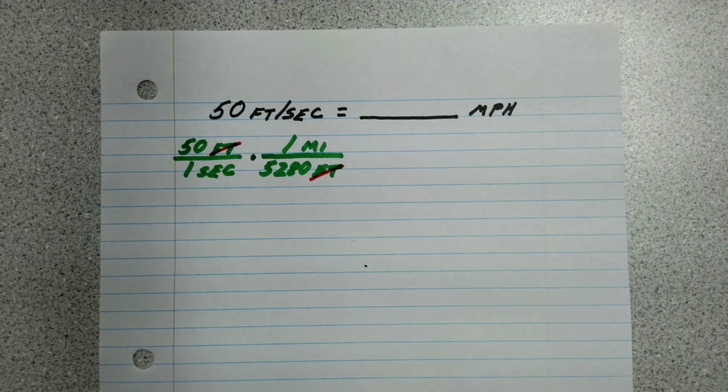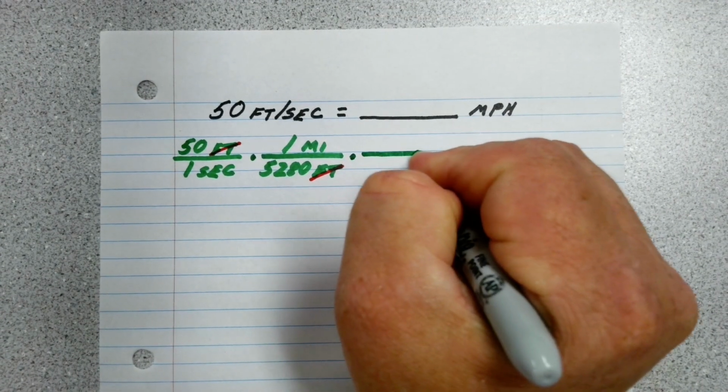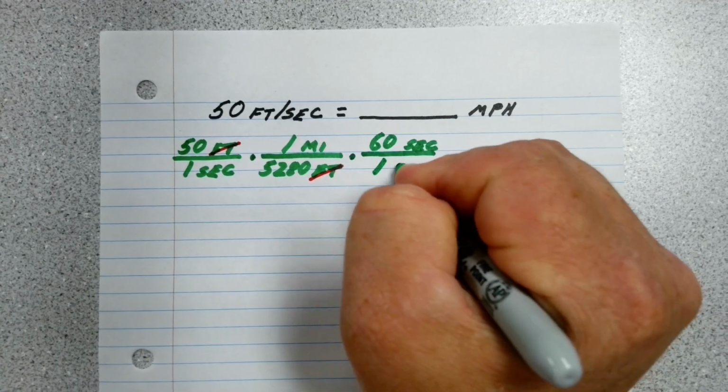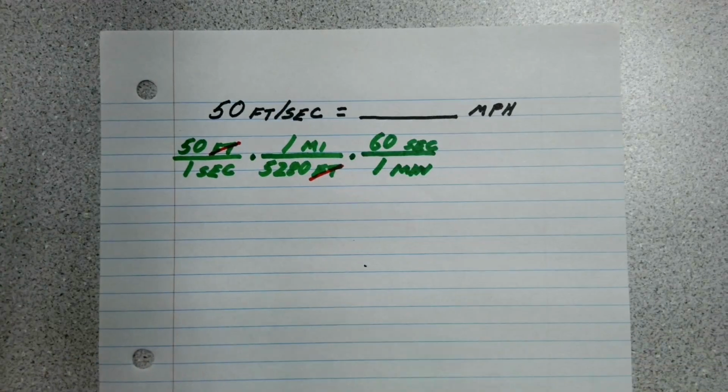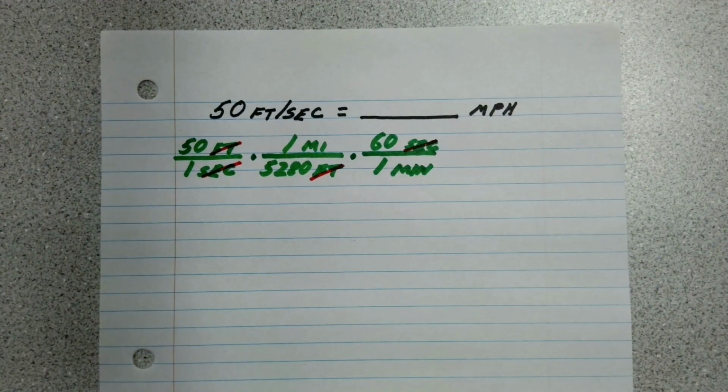Let's say we didn't know that. All right. So how many seconds are in a minute? 60. Okay, let's do it the long way, just in case. So 60 seconds is 1 minute. Look at that. We get rid of seconds. Boom, there it goes.